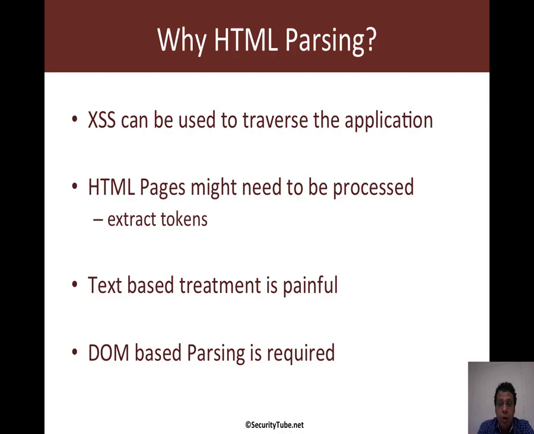Depending on whether you need to extract data from one of these pages and then use it to traverse to the next level of the application may vary from application to application. Now, you may need to extract links, form fields, CSRF tokens, and many other things.